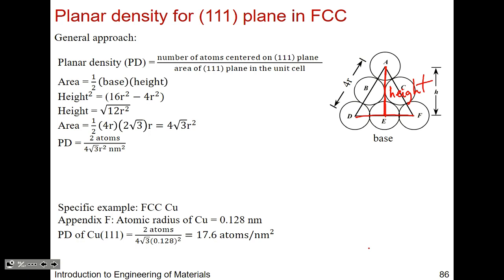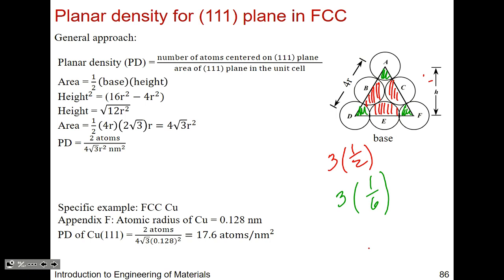But how do you count the number of atoms within the triangle? So in this 2D, forget what we talked about in terms of 3D. In this 2D rendering, you have 1, 2, 3 halves in the triangle, or half circles. And then you also have 1, 2, 3, and that's 1/6 of a circle.